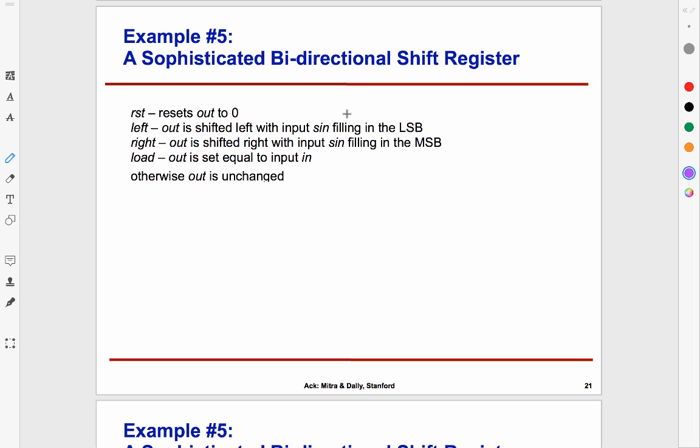If I tell it to shift left, it is like what we had previously: it shifts left and the least significant bit is filled with the SIN. If I shift right, it does the other way around. It shifts right and the most significant bit is filled in with SIN. Okay, so this is what happens out here. And then finally, there is a load so that I can load a value into this. Otherwise, out is unchanged.